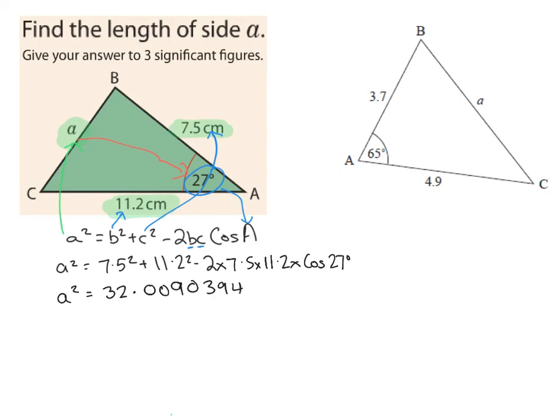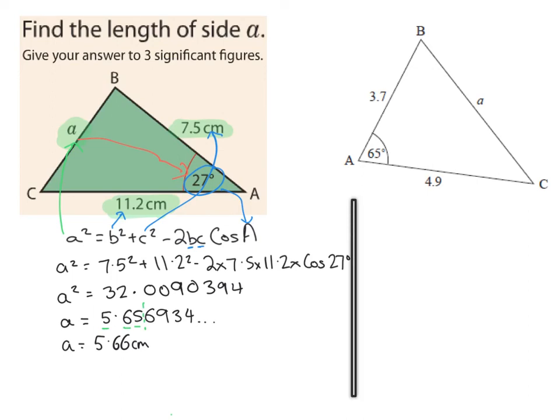Obviously this is a squared, not a, so I have to square root that to get a is equal to 5.656934, and on and on. We want 3 significant figures, so that's 1, 2, 3 significant figures there. It's a 6 after the 5, so that means it's going to round up. So a is equal to 5.66 centimeters to 3 significant figures.